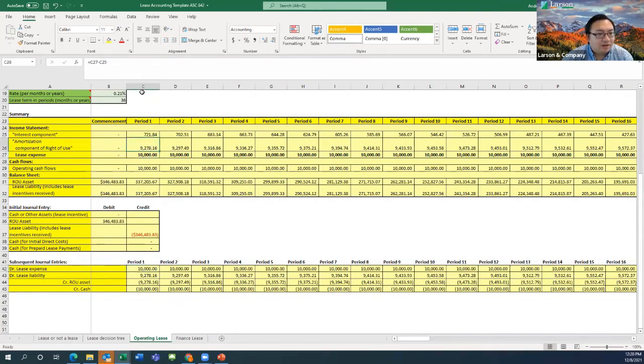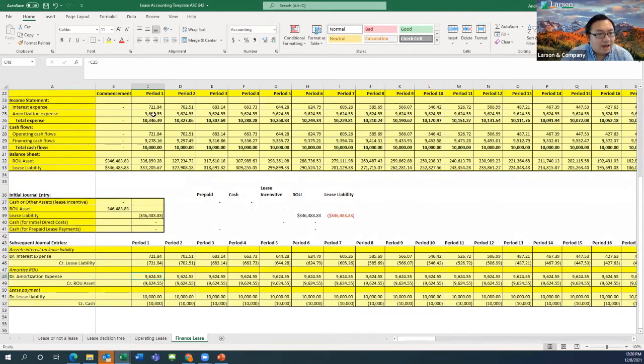The amortization, you can see the formula here, is really just the difference between the $10,000 of expense and the interest method, whereas these are looking at each independently.